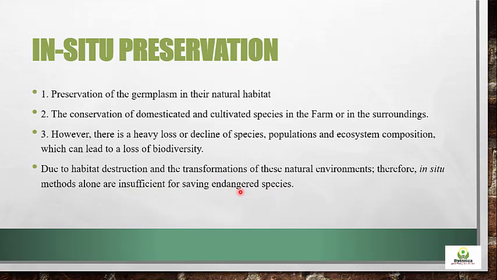As we have discussed, there is rapid urbanization, habitat destruction, and biodiversity loss. Because of all these issues, in situ conservation, conserving species in their natural habitat, is not 100% efficient.